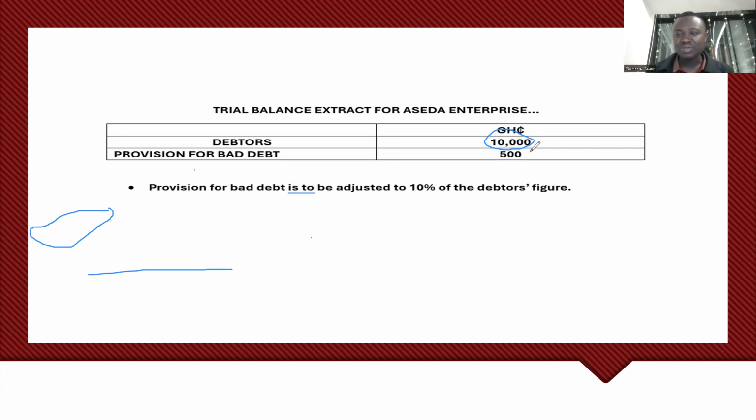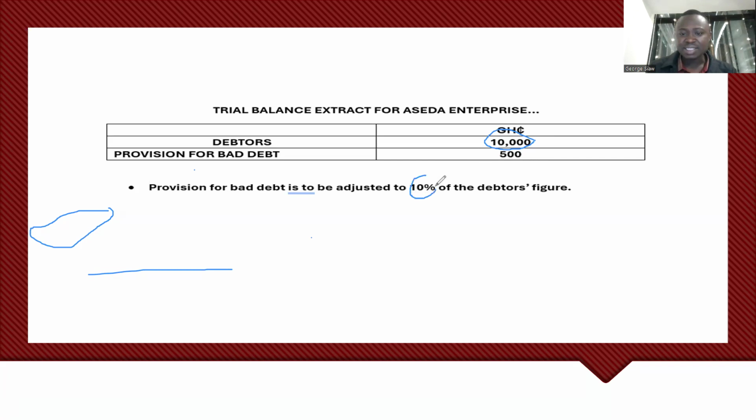So we need to make provision for this year. In order to make provision for this year, it's always the percentage on the debtors figure. Provision is mostly quoted in terms of percentages, or an actual amount is given to you.